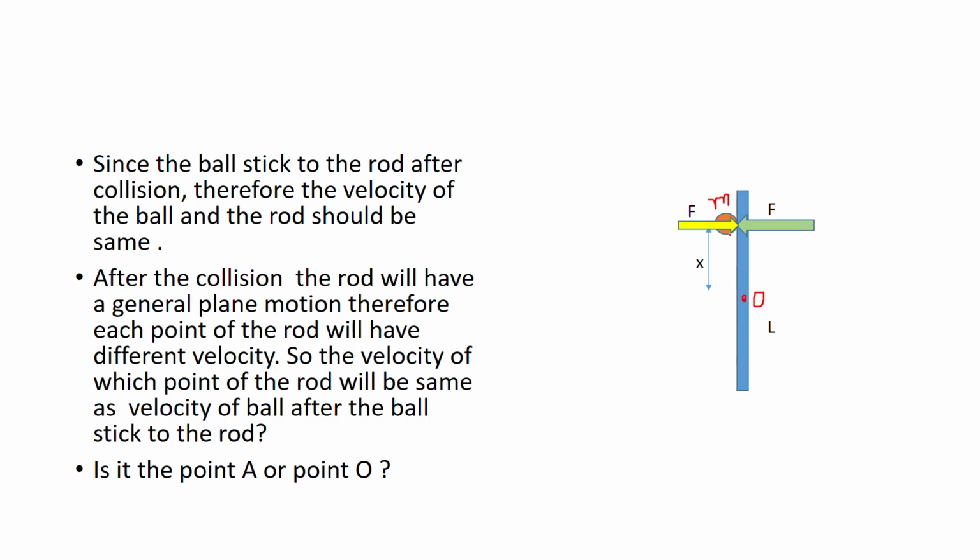When the ball sticks to the rod, assuming a perfectly inelastic collision, what we have studied for point masses is this: when we have one point mass m1 moving with velocity v1 and another, m2, at rest, that is, initial velocity 0, and m1 strikes m2 and sticks to it, they will both have a common velocity after the collision, and we assume that velocity to be v.